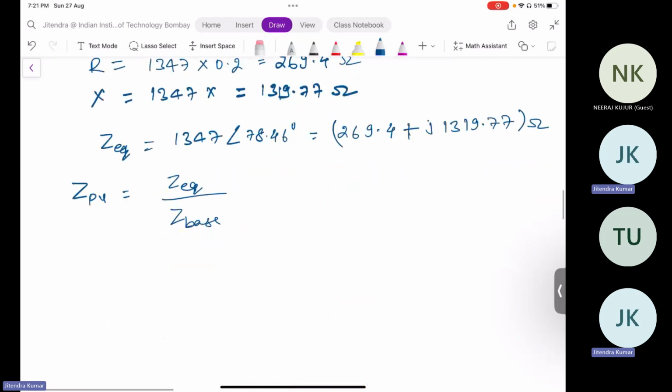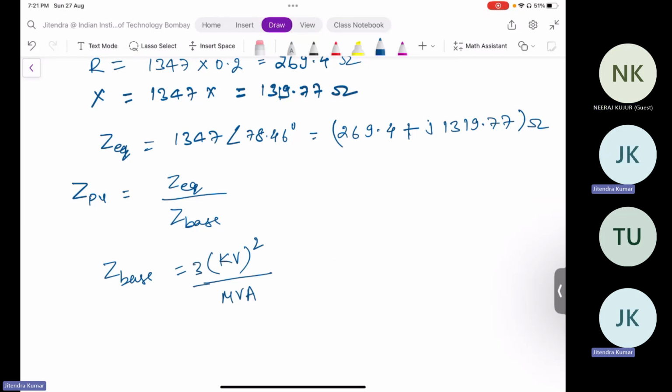So Z base is equal to kV square by S or MVA. Sir, it was 3 kV square, sir, for delta. That's what I wanted to check.